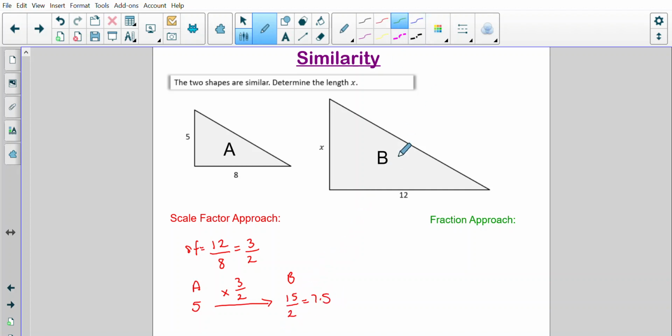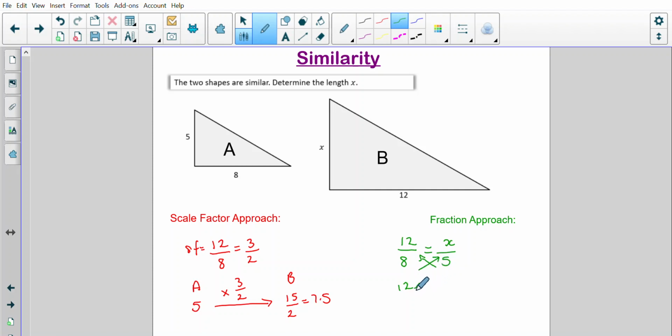Looking at the fraction approach, I can say that 12 over 8, the fraction of a length in shape B over the corresponding length in shape A, is equal to x over 5. Then I have a little equation to solve, which I can do by cross multiplying. So I can take the 5 across up to the 12 and multiply, and the 8 across up to the x and multiply.